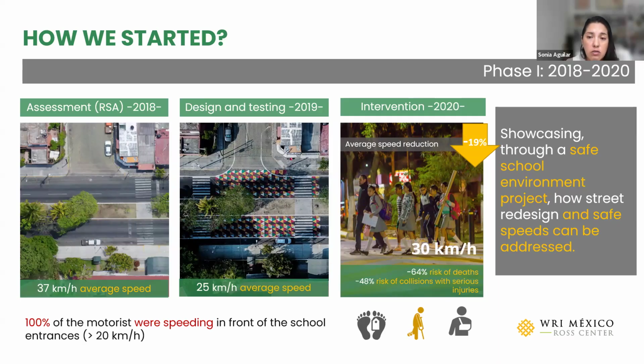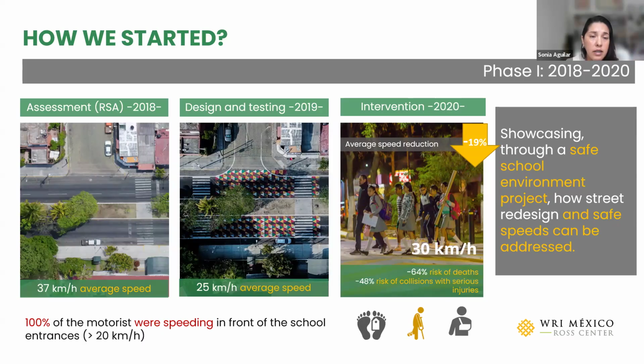This was a very strong argument when we went to the authorities to request lowering the speed limits in order to prioritize the population around these streets. So that was the first part of the assessment: having strong data to get the attention of stakeholders, but also to start connecting with the community.